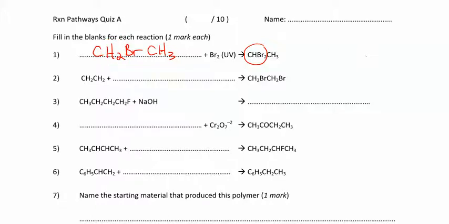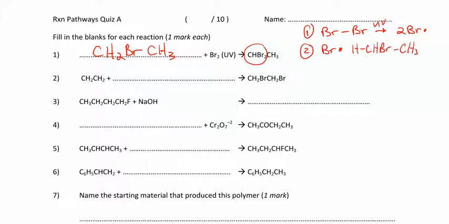Well, actually, I can show you really quickly the mechanism for that reaction. Here it is really quickly. Step 1 is initiation. UV light is needed to force the bromine to undergo homolytic fission, and I get two bromine radicals. Step 2 is going to be propagation. There is my bromine radical and my other reactant, the CH2BrCH3.